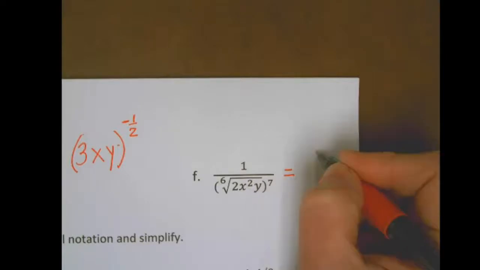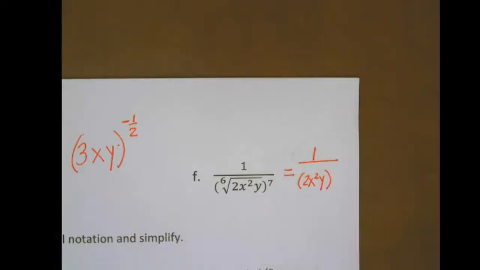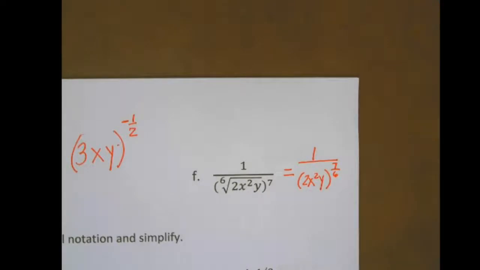This would be 1 over 2x squared y to the 7 over 6th power. The 6 becomes the denominator.